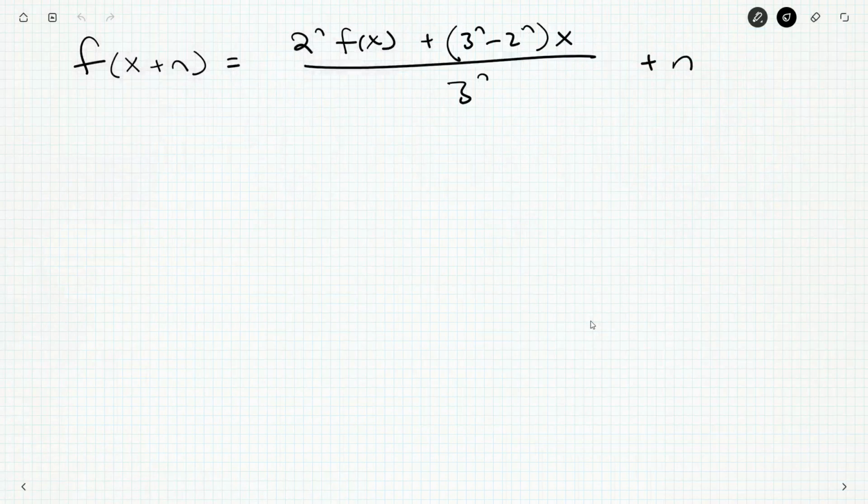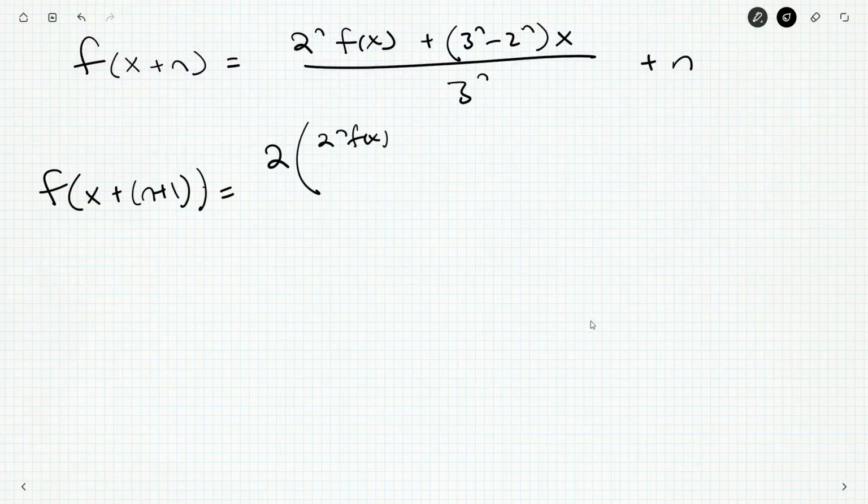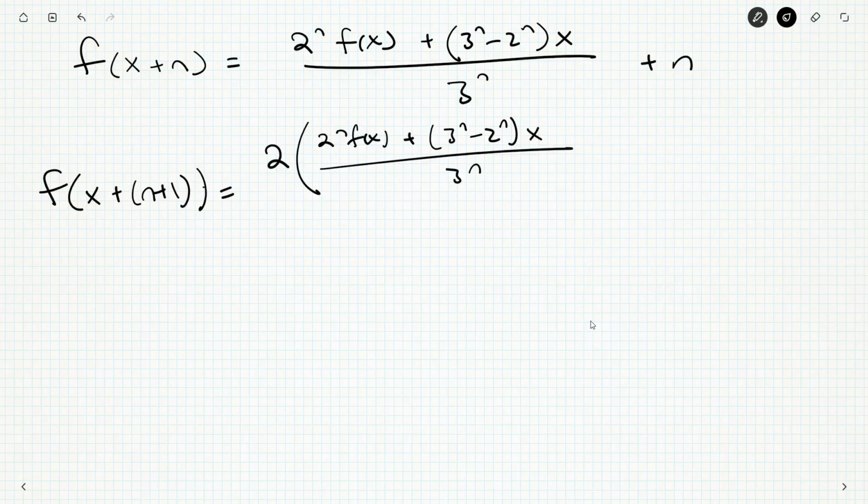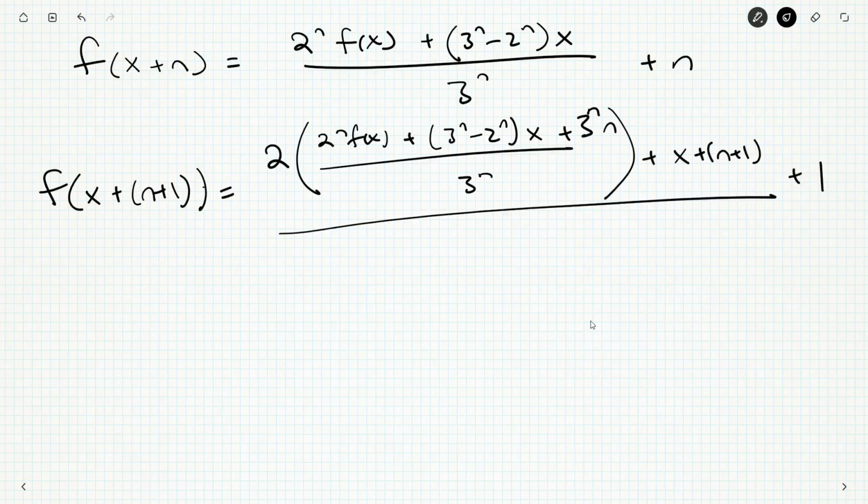Now, how could I prove this? Obviously this is true for n is 1 and n is 2. f of x plus n plus 1 would be 2 times this expression, plus 3 to the n, plus x plus n plus 1 plus 1, and this will all be over 3.